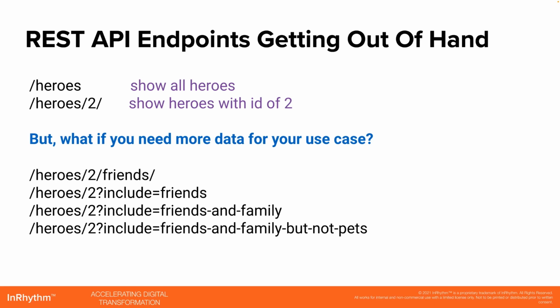That's pretty common. So you get all the data for that hero from that endpoint. And then, say there's going to be some query params for some extra data that you might need for your feature. So you might have all these different types of query params, which is the example down here.